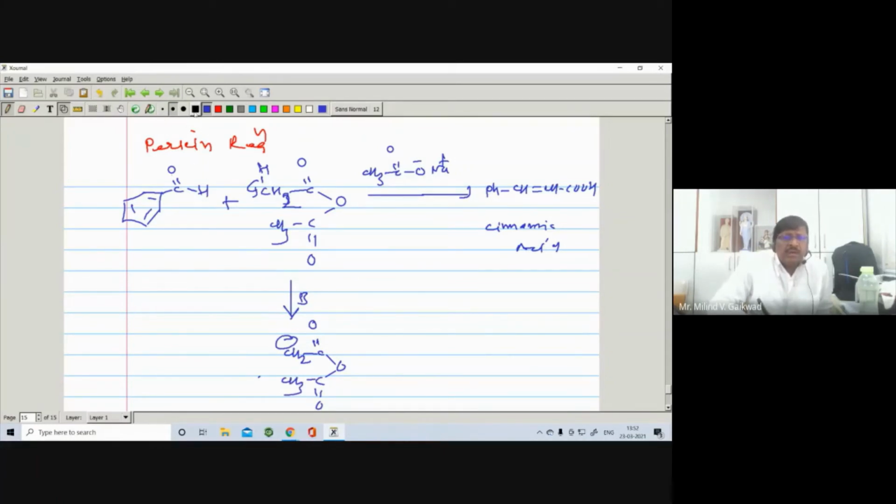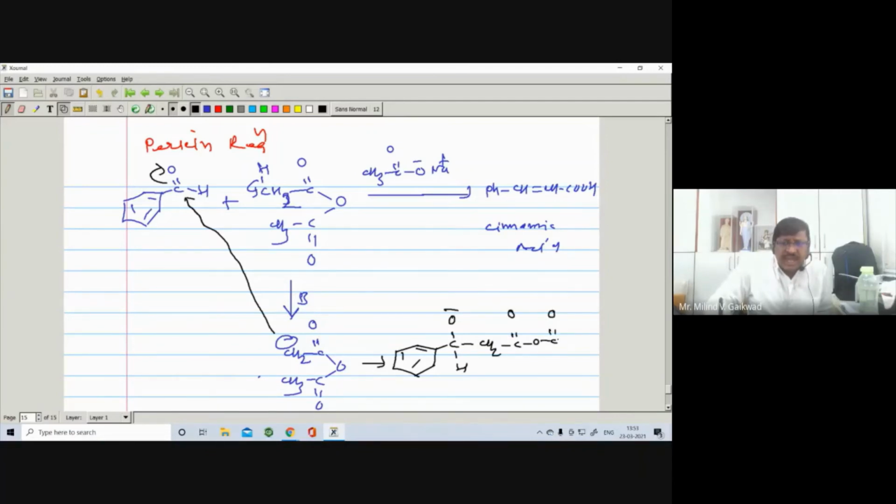Further, the pi bond opens on the oxygen of the carbonyl carbon of benzaldehyde, O negative, C positive, and the C negative will attack on this C positive. There is a formation of, here is the benzene nucleus, pi bond, pi bond, pi bond, here open on the oxygen, here is the H, and the carbanion will attack on the carbonyl carbon.